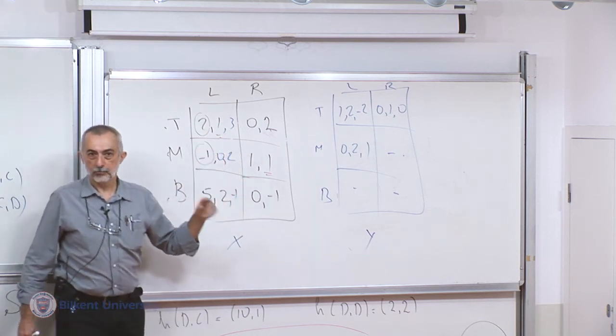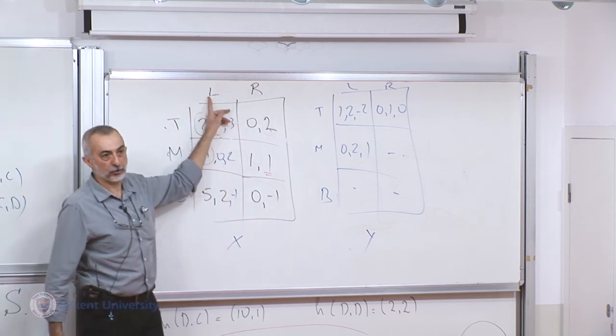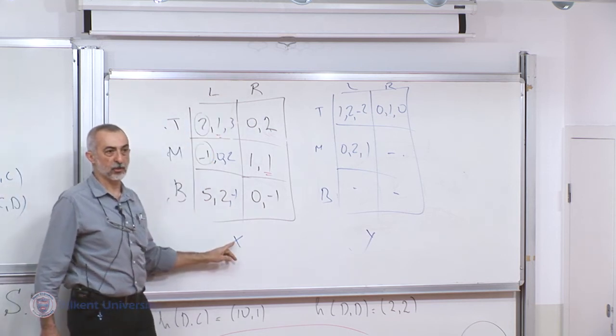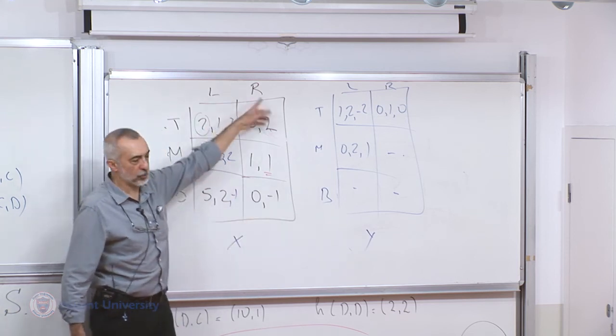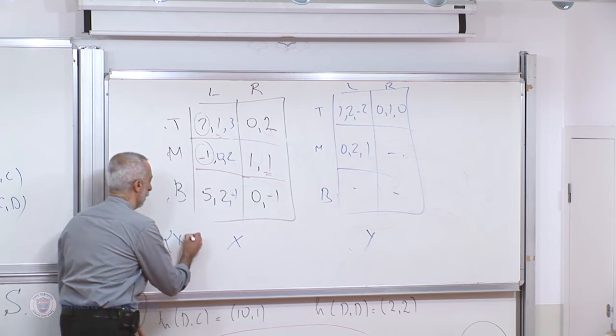Player 1 has 3 strategies. Player 2 has 2 strategies. Player 3 has 2 strategies. So the strategy set of player 3 is X, Y.